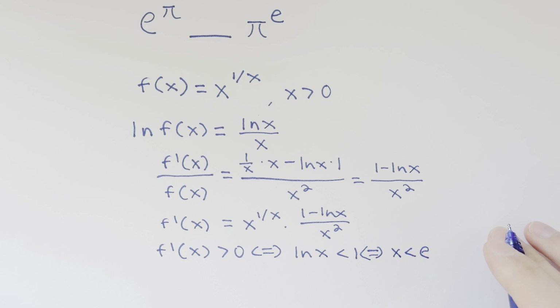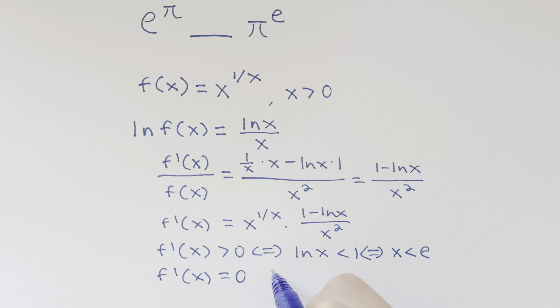So then, f prime of x is equal to 0, meaning that x is equal to e.